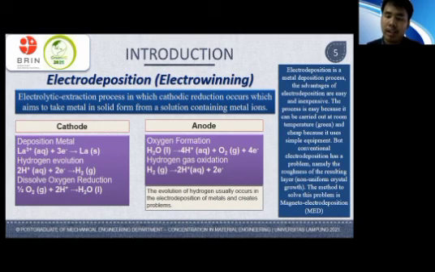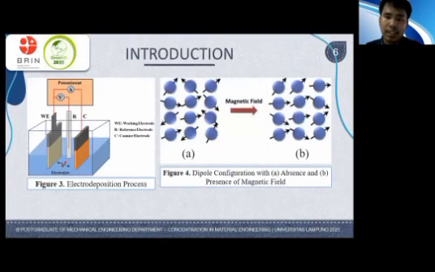The magnetoelectrodeposition also aims to fix problems that often arise in electrodeposition, like the roughness of the deposit, and to smooth the resulting surface. So we propose that with magnetoelectrodeposition there is a dipole configuration.